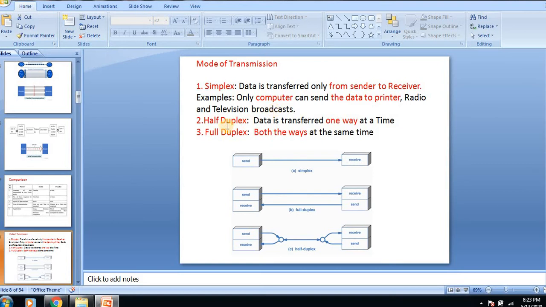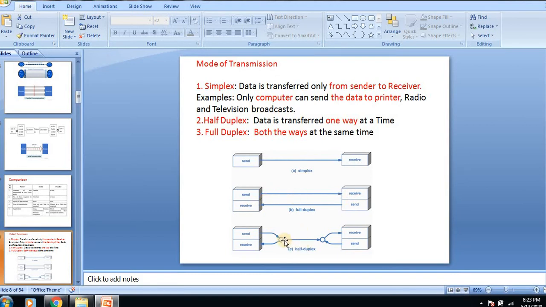The next category is half duplex, which means the data is transferred one way at a time. It's nothing but the data can be transmitted from sender to receiver, or it can be transmitted from this side to this side, but only one at a time.